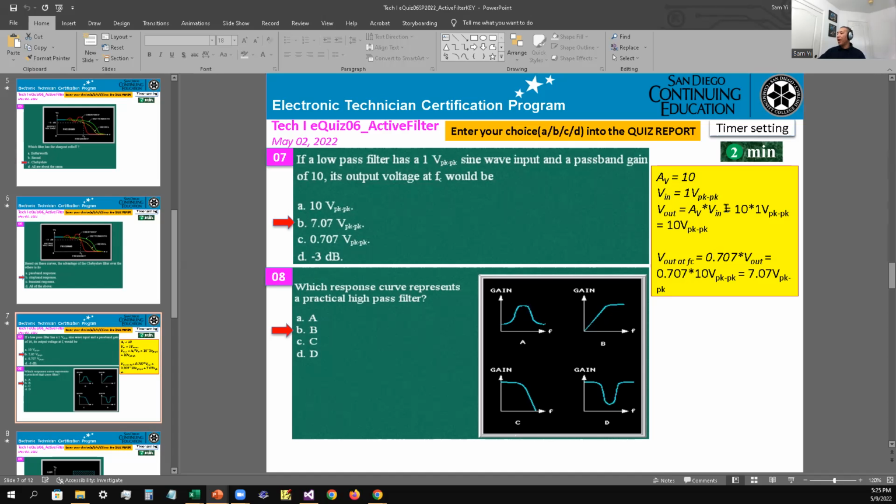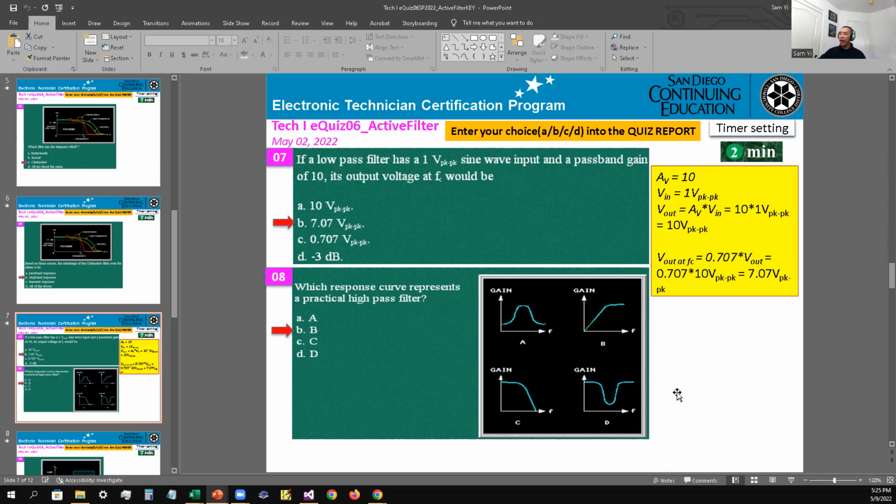The maximum output possible is gain times V in, so 10 times 1 volt peak to peak gives a maximum of 10 volt peak to peak. V out at cutoff is 0.707 times V out max, so 0.707 times 10 volt peak to peak equals 7.07 volt peak to peak. So the answer is B as in Bob for number 7.